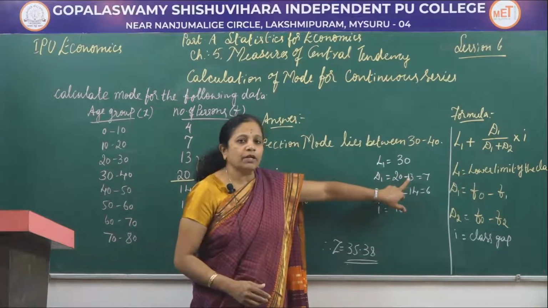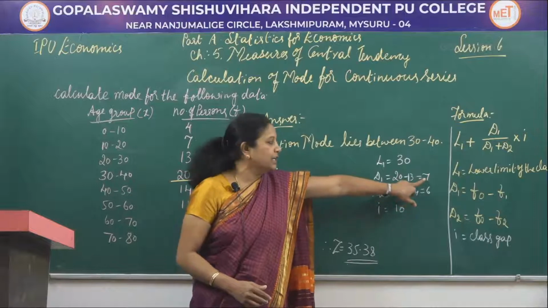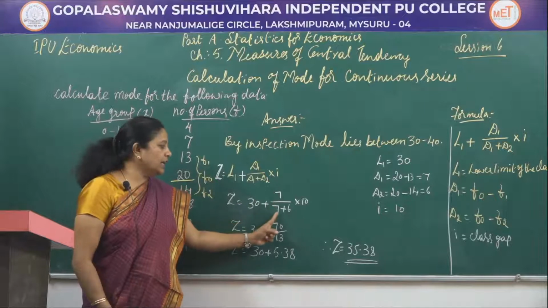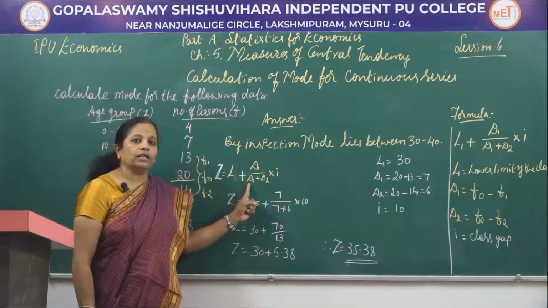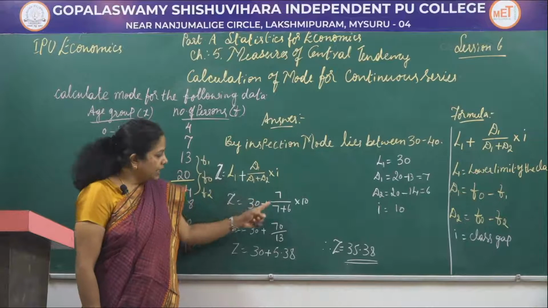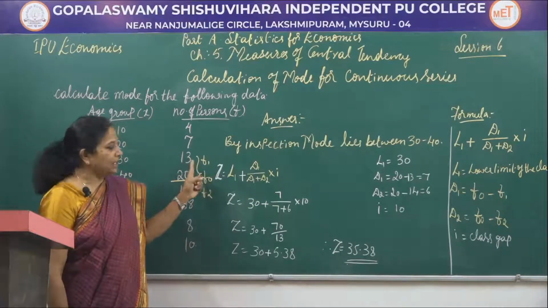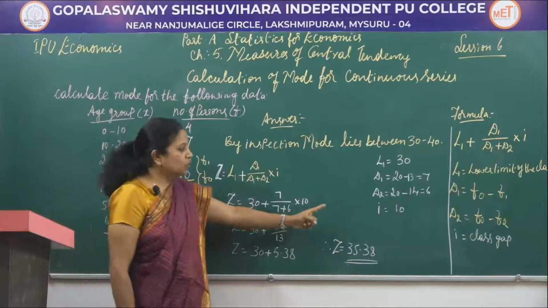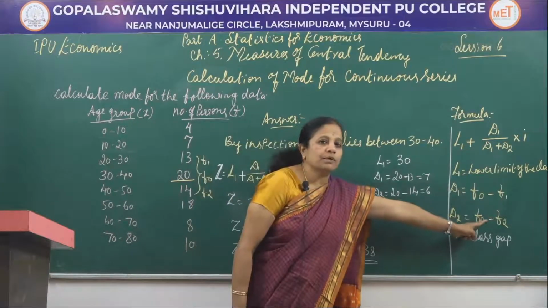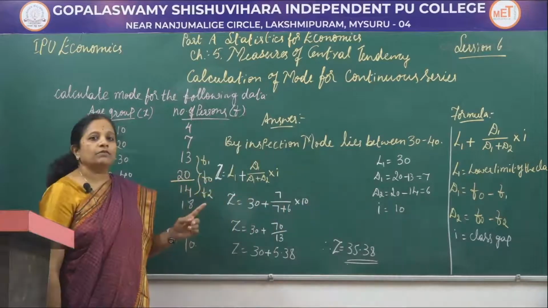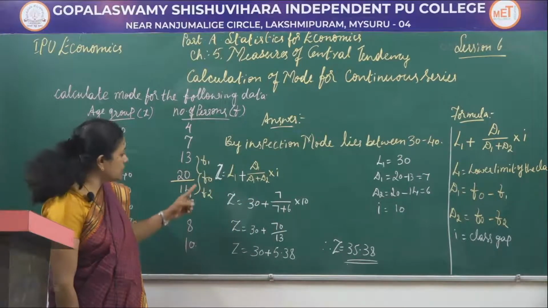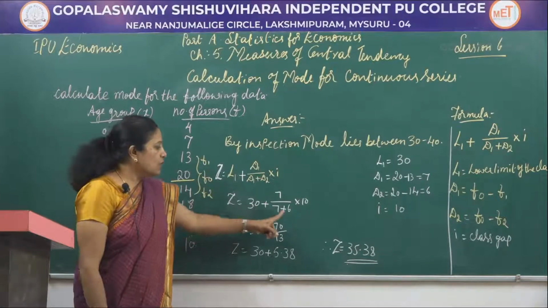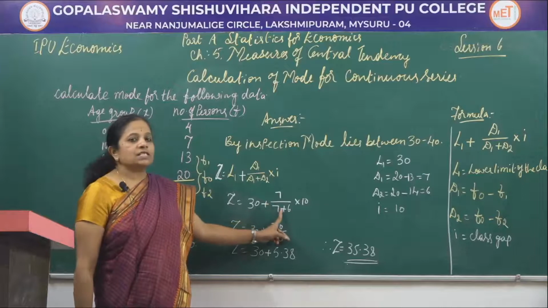So we have written that here, and below that again it is delta 1, that is 20 minus 13, F0 minus F1, which is 7, plus delta 2, that is the change between F0 and F2. The difference between 20 and 14 is 6. So below that we have written 7 plus 6.